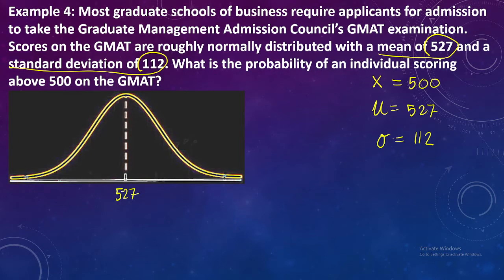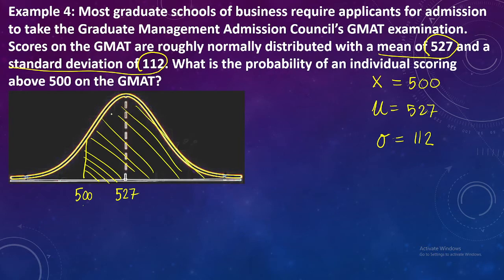So meaning, the 500 I'll plot over here. Okay, 500 is less than 527. But where are we going to shade? It's stated in the problem, above 500. So meaning, the area we are looking for is this part, which I shaded here.